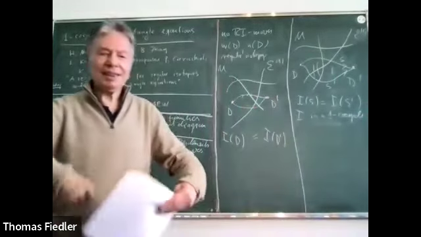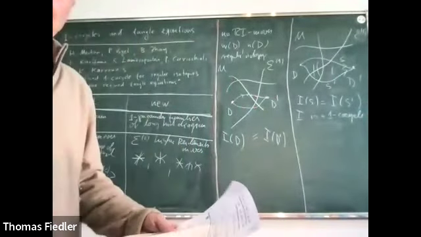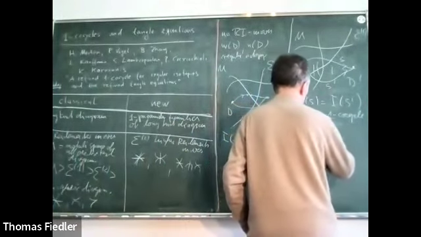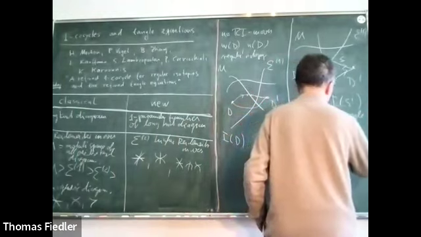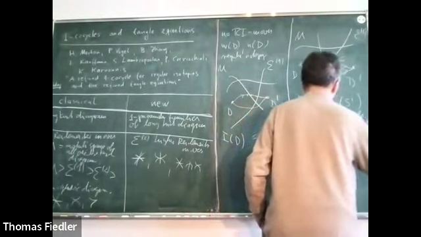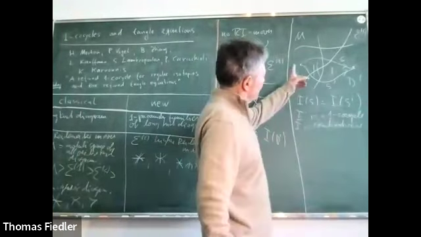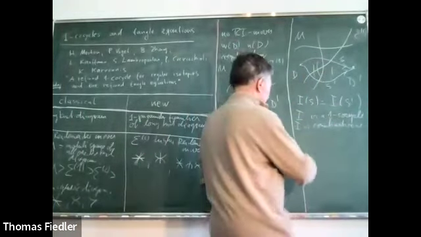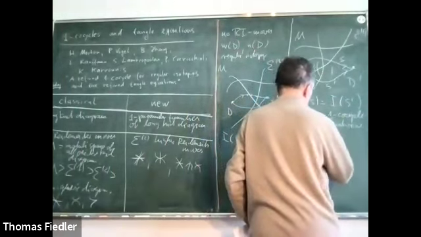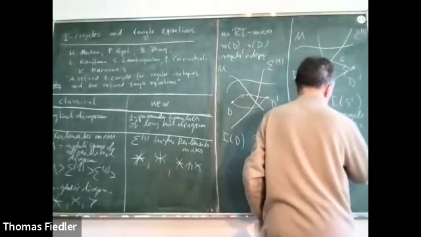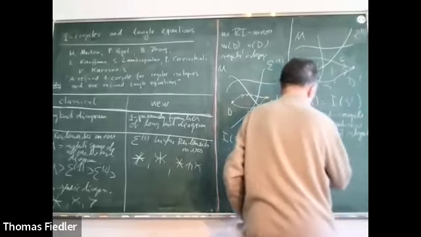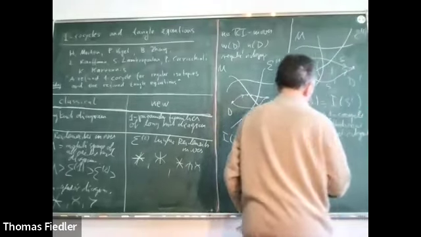But we don't want any one-cocycle, we want a combinatorial one-cocycle. So I is combinatorial if it is obtained by discrete integration along the path. Now, what does it mean?